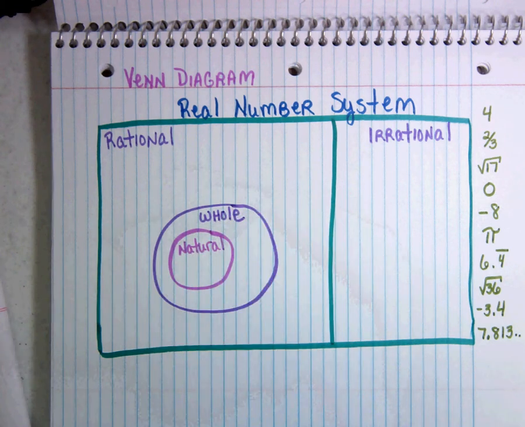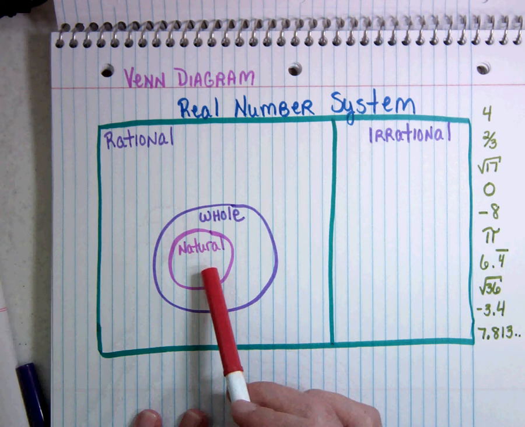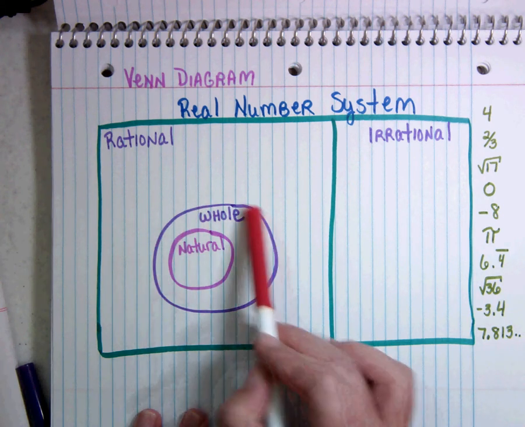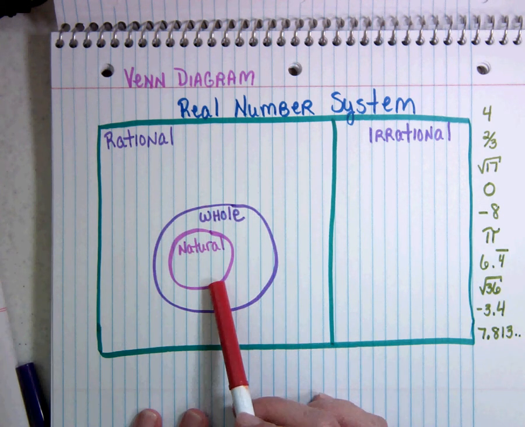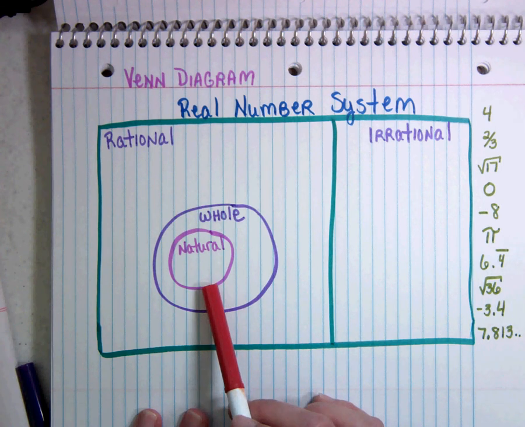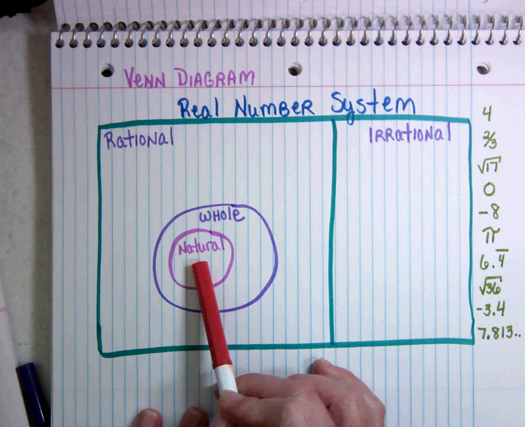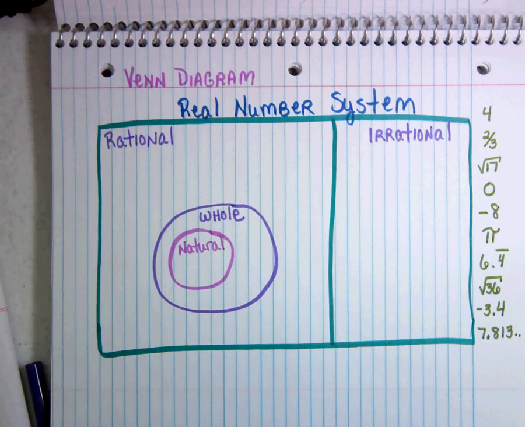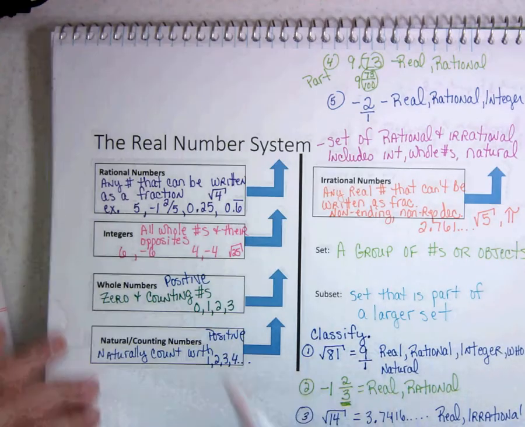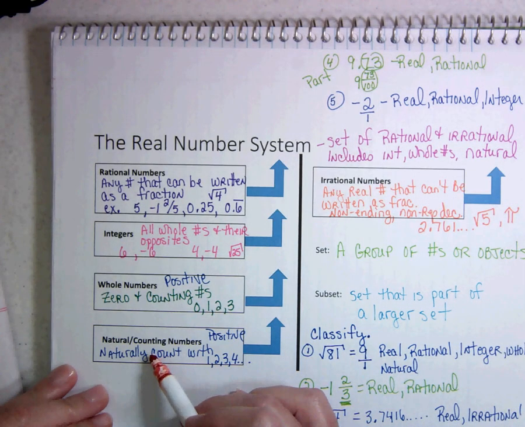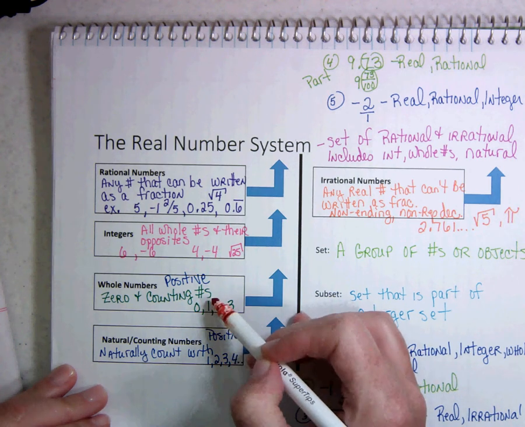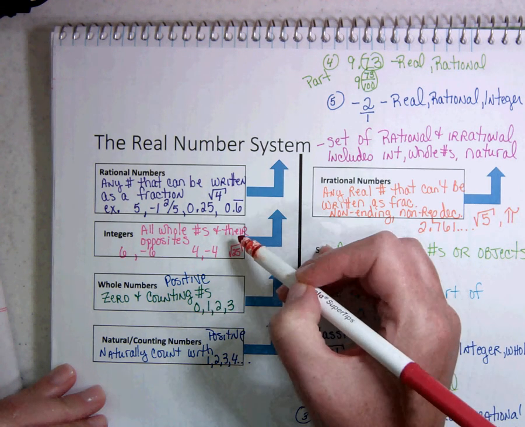And so what a Venn diagram is saying is that anything inside the whole number circle is also a whole number. And we know that from yesterday, that a natural number is also included as a whole number. So that's why one is inside the other. Okay, and then we talked about that a natural number is also a whole number, is also an integer.